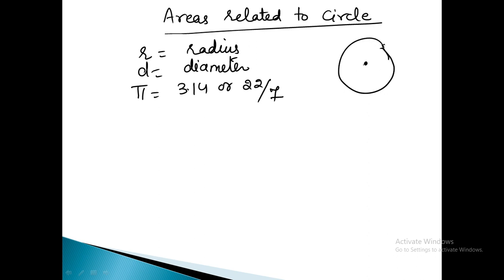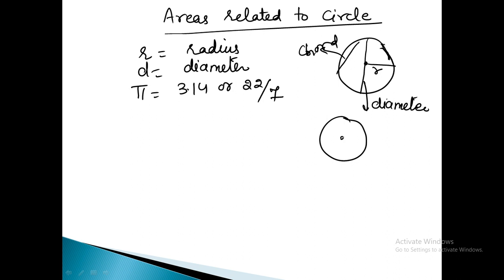This is a circle and this point is the center point. From this point to the line of the circle, that is known as the radius. When we draw this line, that is known as the diameter, and this line is known as a chord.